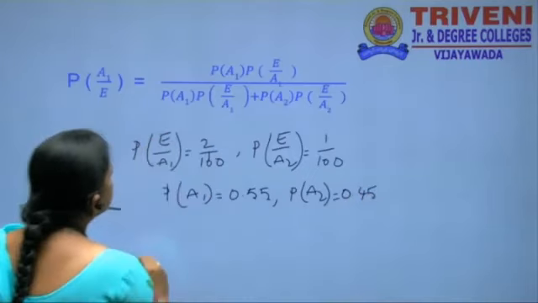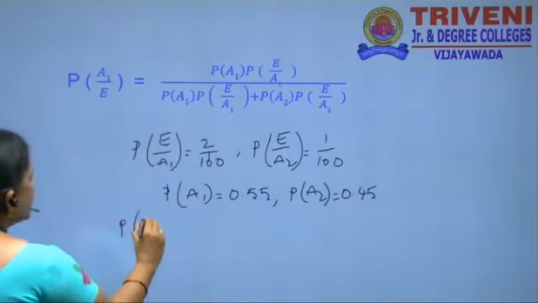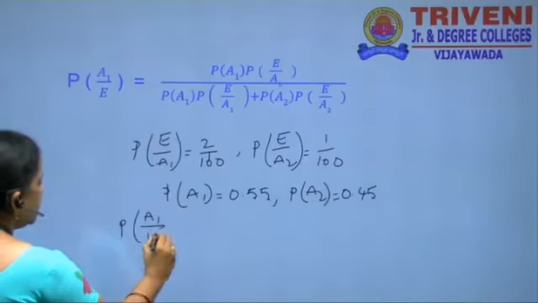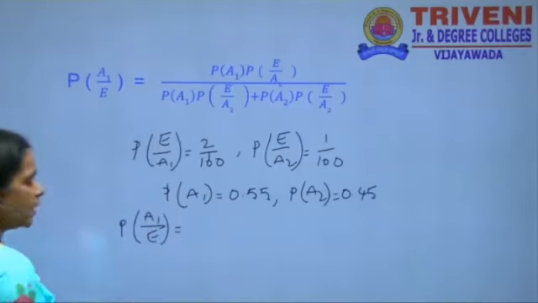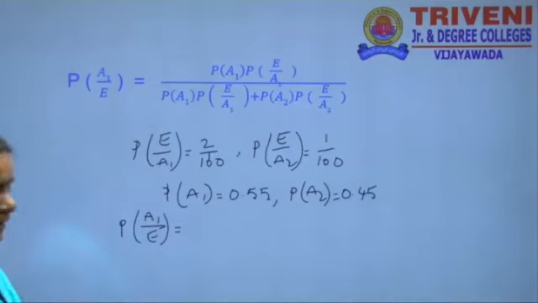Then P of A1 by E is equal to the probability of finding that the selected person is a male.